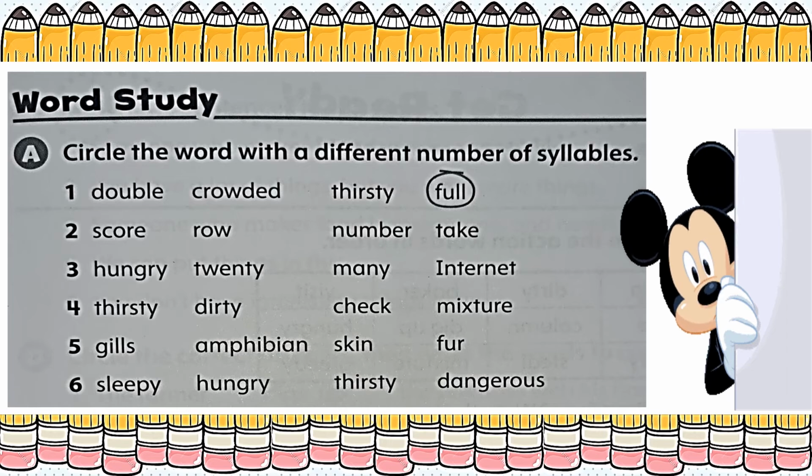For the word study, A, circle the word with a different number of syllables. So we have to look at all the words. We have to count the syllables for each word. Then we will encircle which one's different, which one does not belong in the group. For example, here in number 1, why do you think the word full is different?